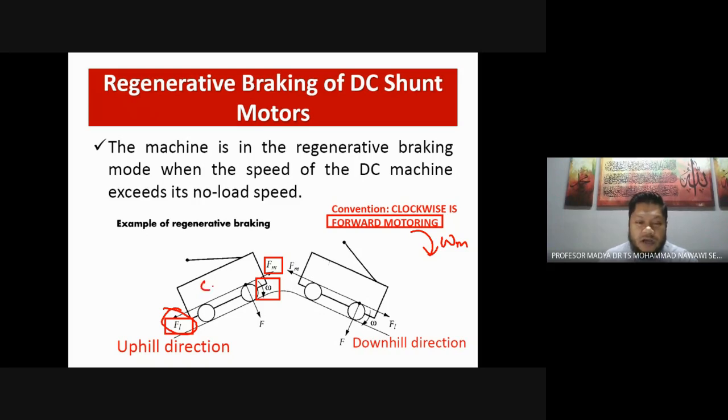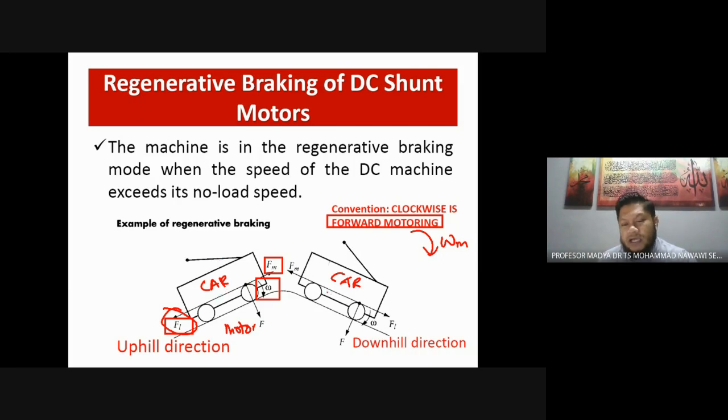Just put it as a car here. There's always a force that drags it downhill, isn't it? So you need to apply force in this direction. You have to operate as motoring. You want to rotate the motor in that clockwise direction, and therefore this is the motoring mode.